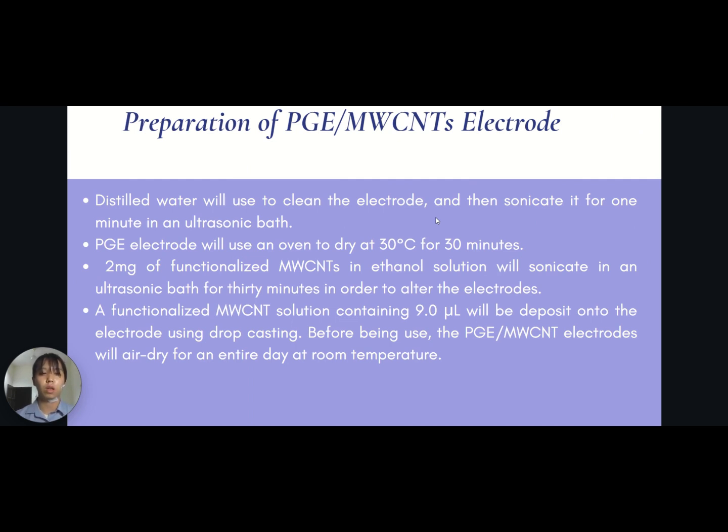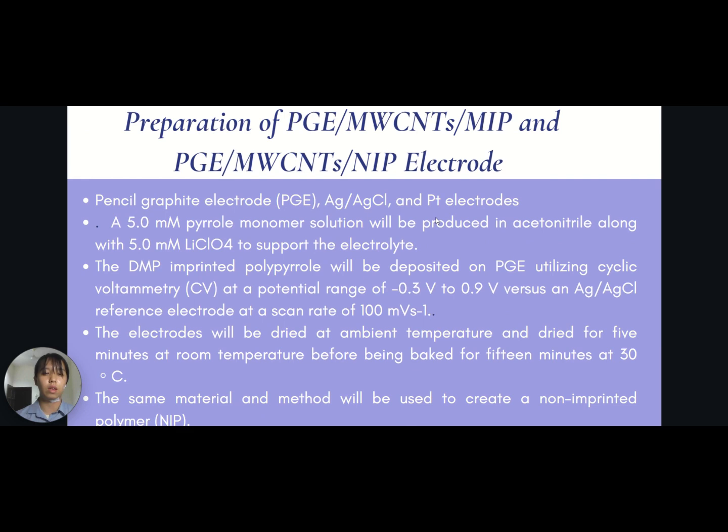Next, the PGE and MWCNT electrode. PGE is the pencil graphite electrode. So the nanotube is deposited on the pencil graphite electrode using this procedure. After that, same thing, MIP is deposited on the electrode layer and also the NIP on the electrode layer. So we use the pencil graphite electrode, Ag/AgCl, and the platinum electrode.